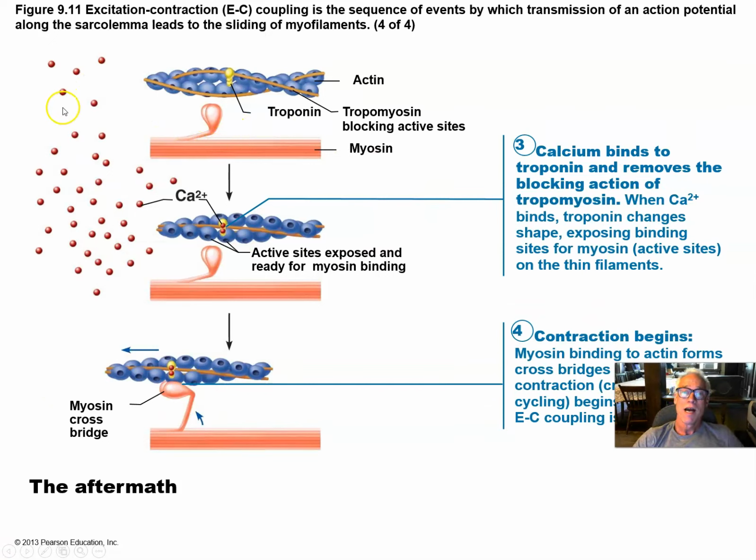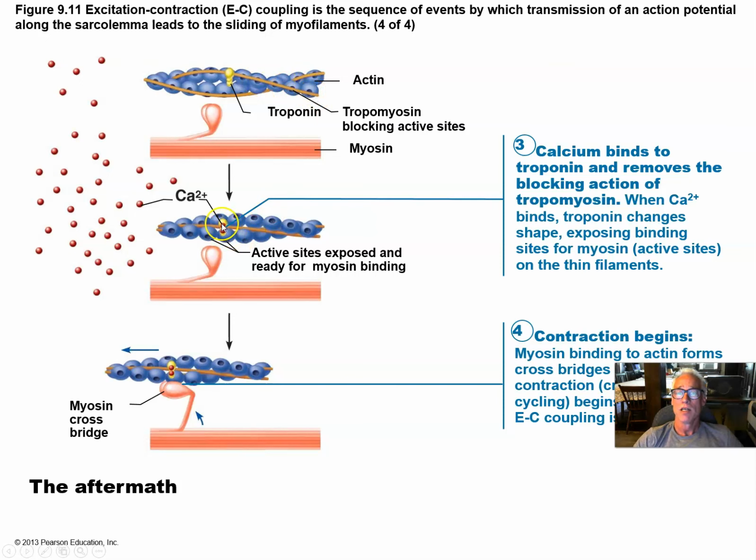So as the calcium ions enter into the cytoplasm around all those myofibrils and all those sarcomeres of the myofibrils, calcium ions bind to troponin, one of the regulatory proteins we saw. Right at rest, the two regulatory proteins keep the actin filaments blocked so that myosin heads can't bind. There's a sheath of tropomyosin blocking all those binding sites.